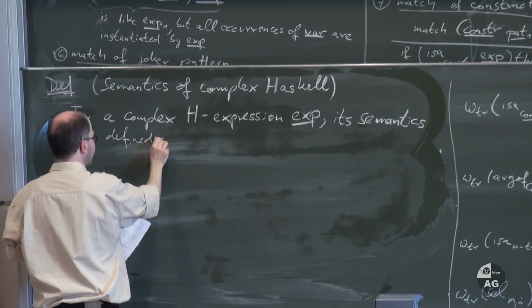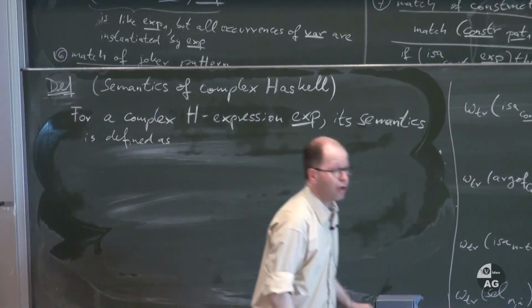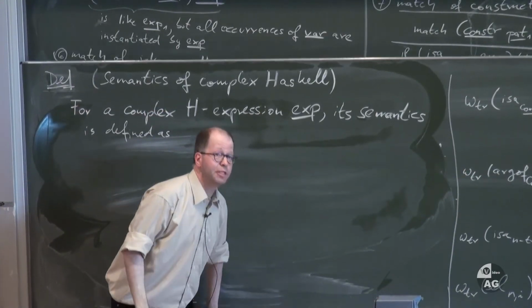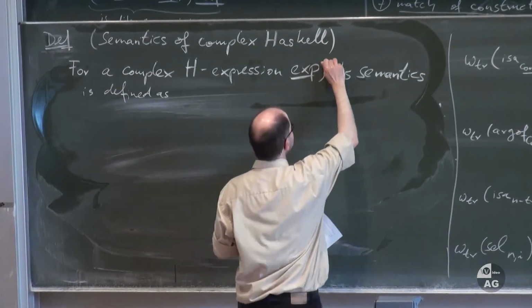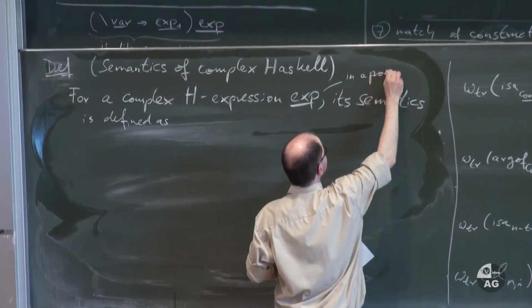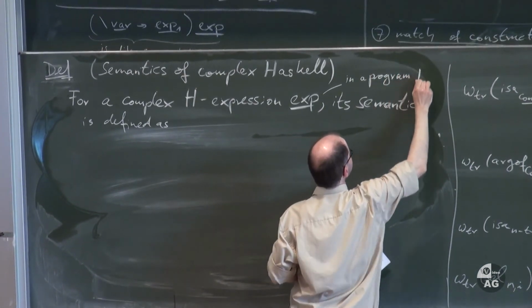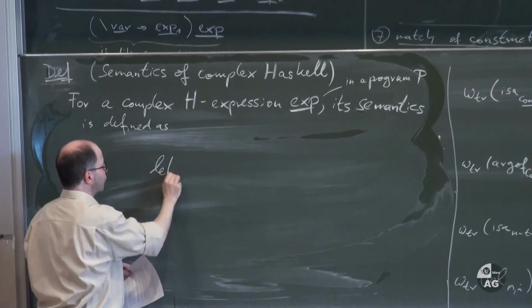Well, what we do is we do it almost in the same way as we did it for simple Haskell. We take exp in a complex Haskell program P. So if we want to find out its semantics, then we make this program P local.